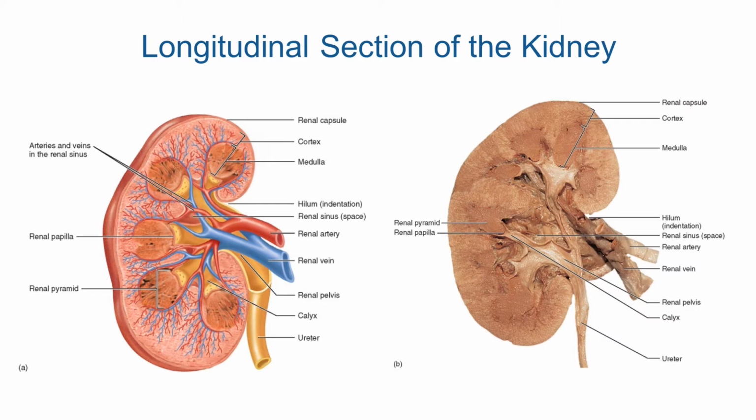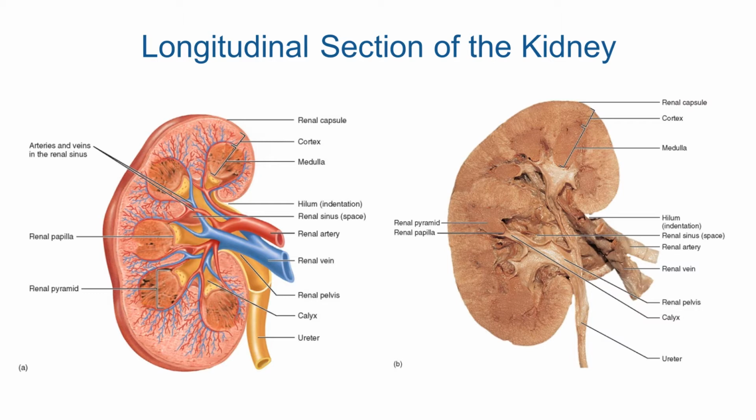The cortex and the middle of the kidney surround your renal sinus. So here you see your renal sinus. And you have here your cortex and then your medulla. So this is the renal capsule that surrounds the totality of your kidneys.